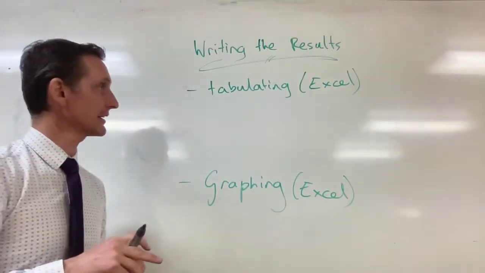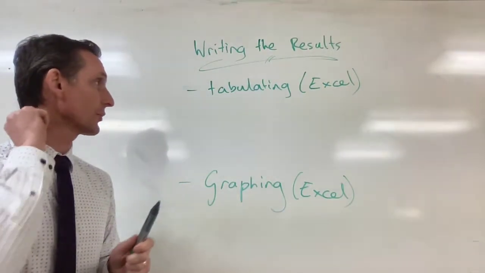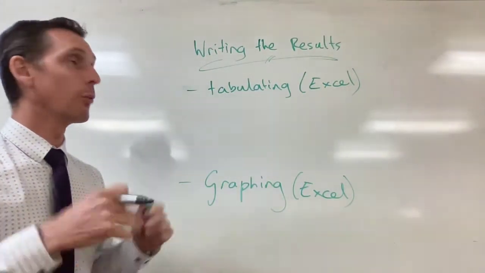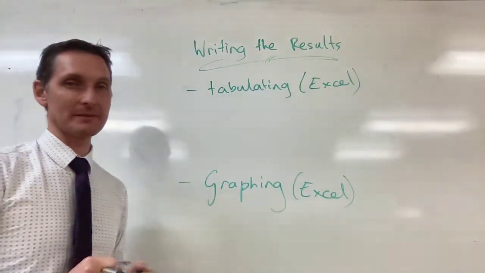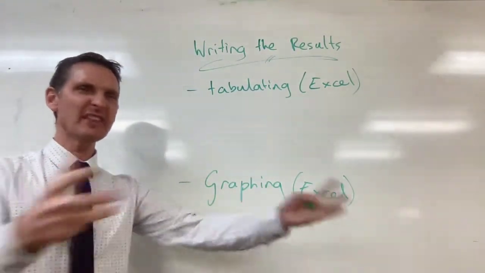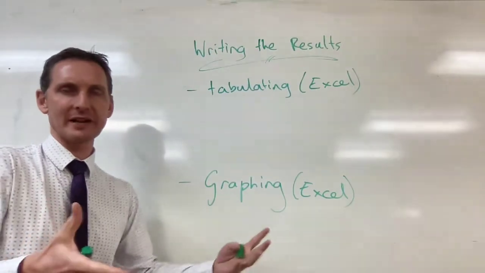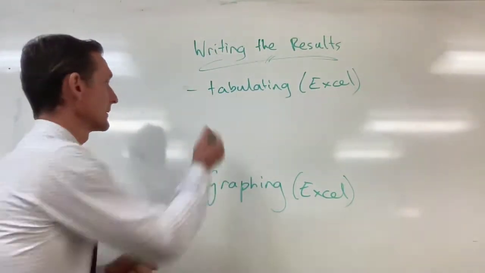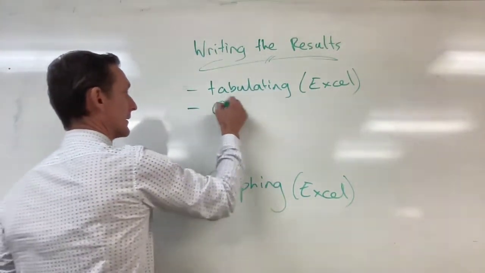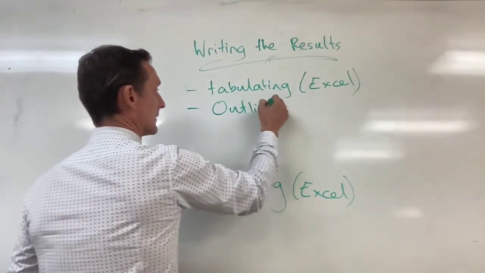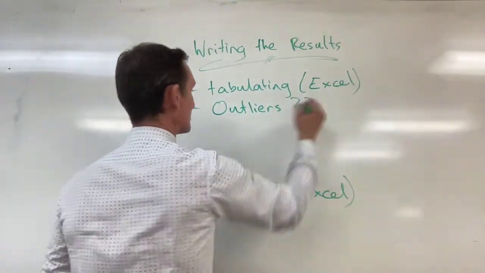So when you're tabulating your data, you should have already indicated what data you're using. Now, most of the time, you've gathered this data, so you're going to use all the data. But sometimes there might be outliers.